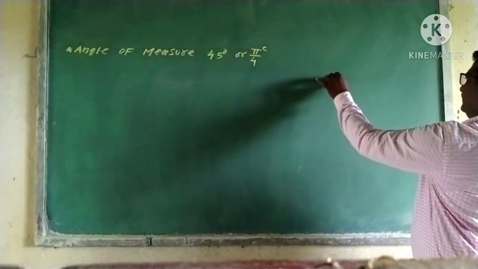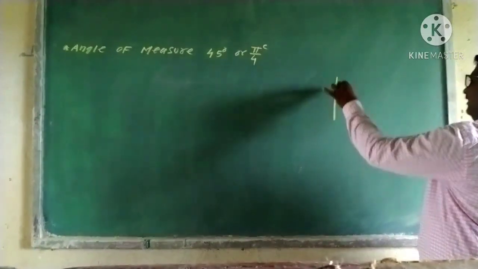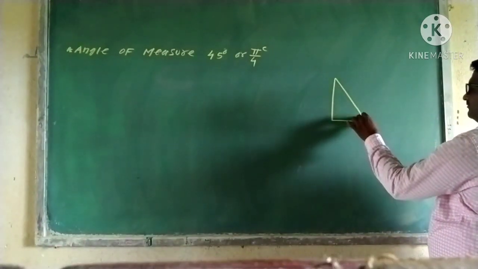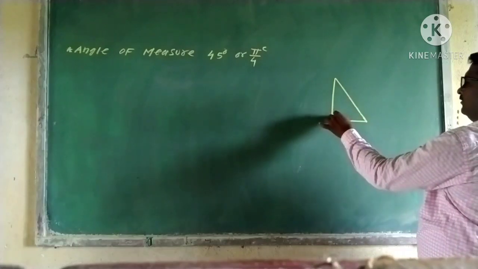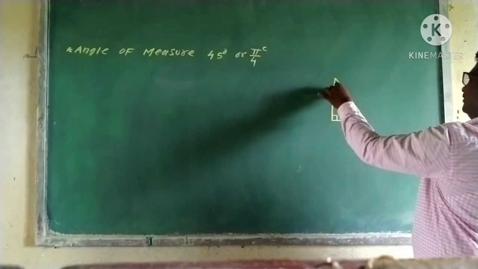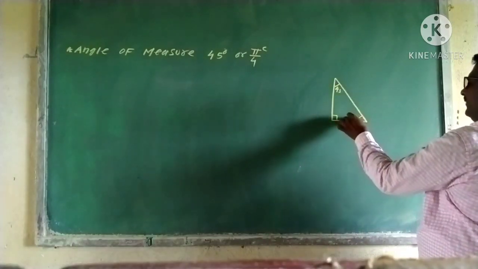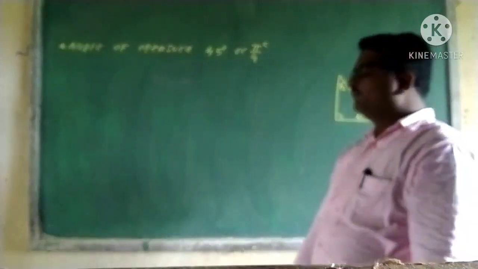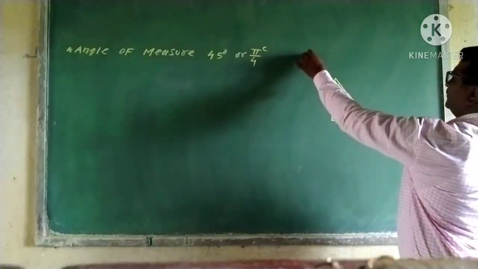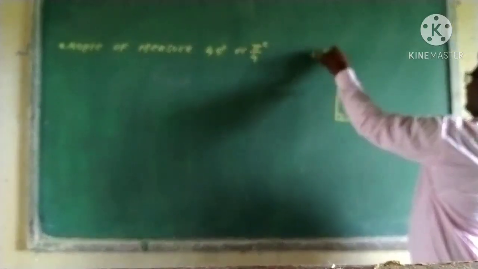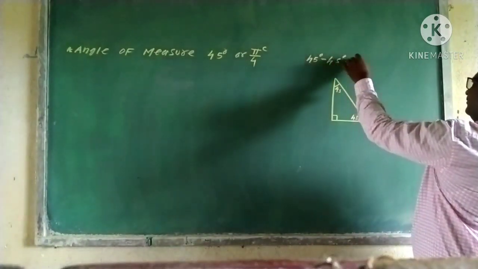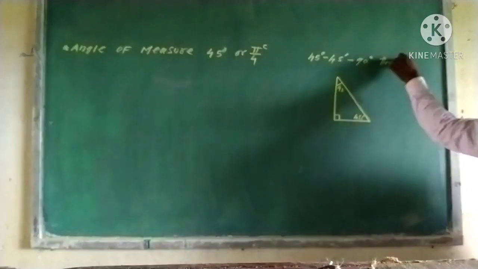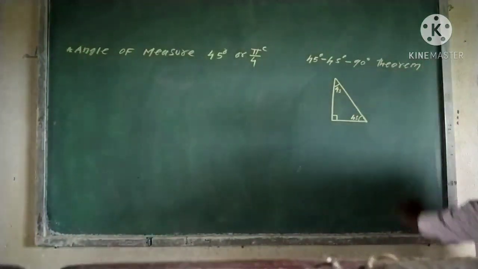If in a right angle triangle the measurements of angles are 45, 45 and 90, then we use the 45-45-90 theorem.